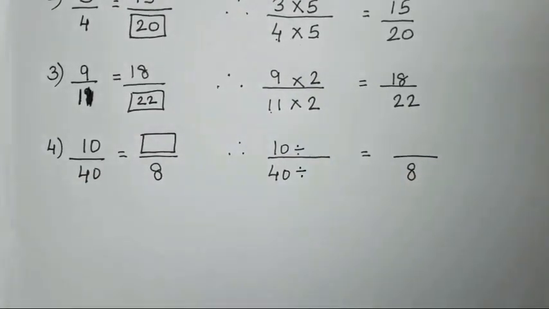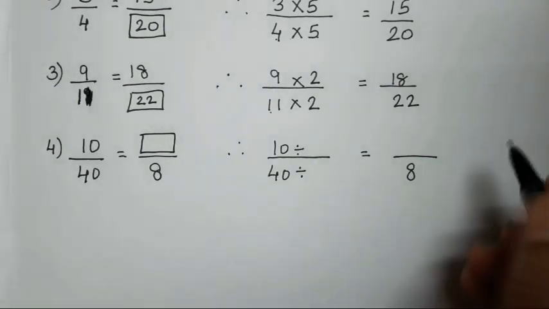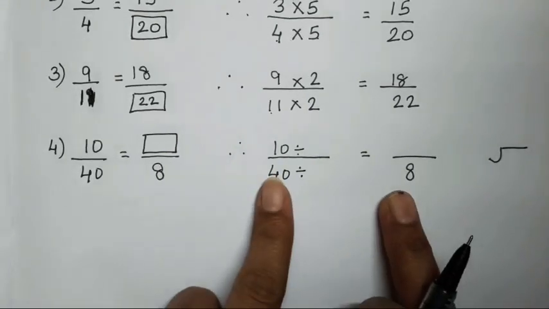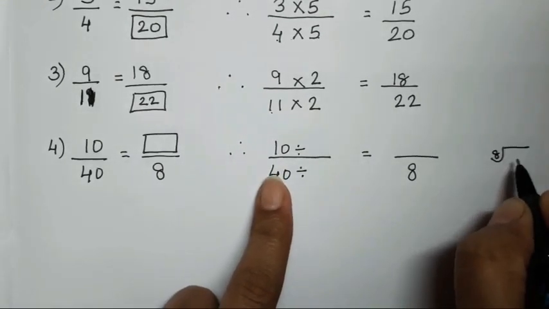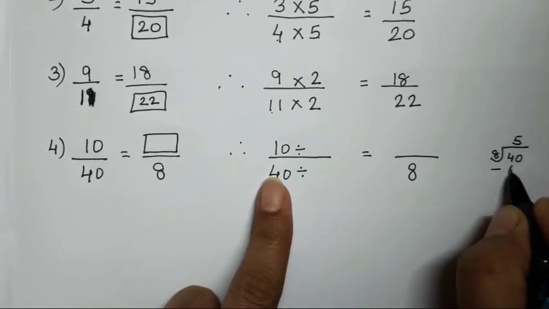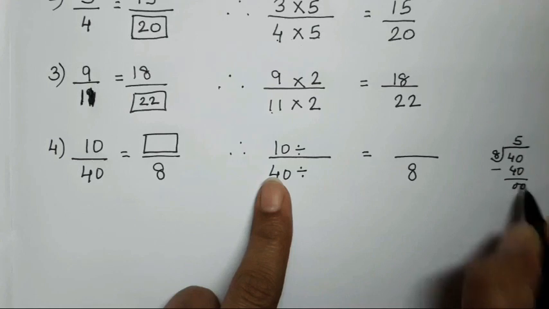Now what number are you going to divide by in order to get 8? Alright. So if you know the table, you can solve it orally. If you don't know, then you can divide it in this way. You have both the answers. 8 will come over here, 40 will come over here. So 8 5s are 40, isn't it?